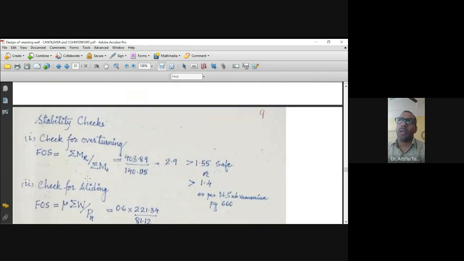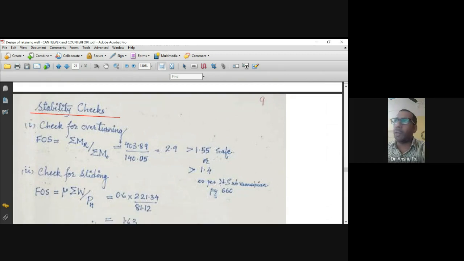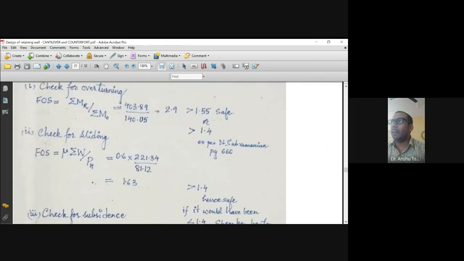So now the stability checks which I just told you, अगर आपको स्टेबिलिटी चेक तक आता है तो आपको सिर्फ चेक फॉर ओवरटर्निंग ये परमिसिबल वैल्यू आपको पता होनी चाहिए, that it is 1.5 for overturning and for sliding it is 1.4.